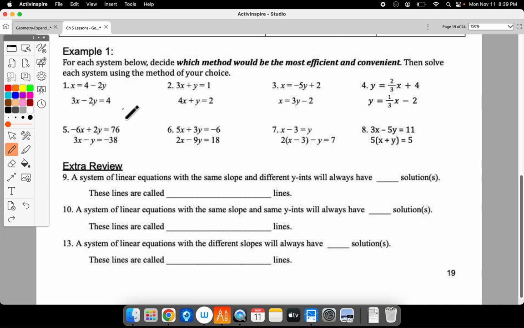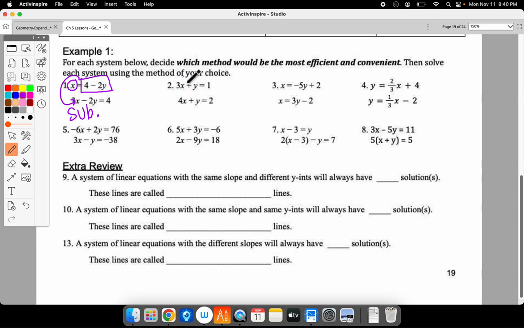What would be your best method? Well, if I look at this set of equations, only one of them is solved for x. The other one's not solved at all. So this one, I would do substitution because one of them's solved, so I can substitute it in for the other. On number 2, how many equations are solved? None of them.